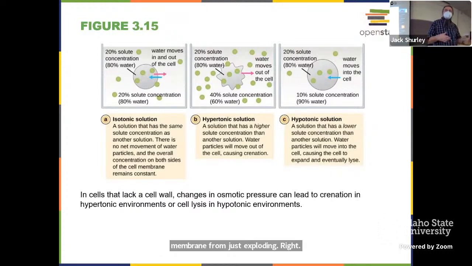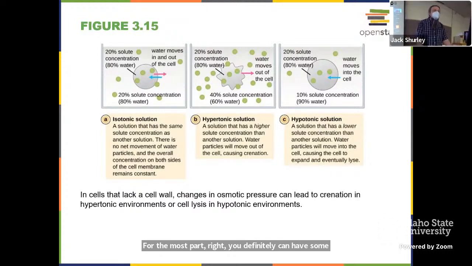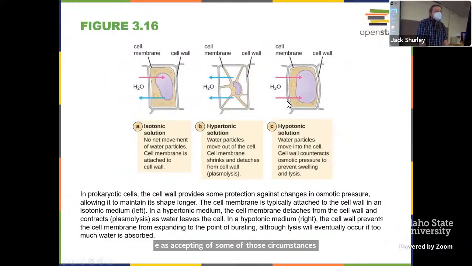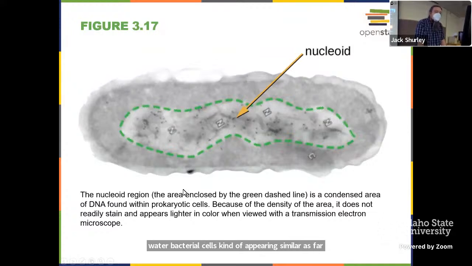You definitely can have some situations with bacteria that may not be as accepting of some of those circumstances. So this is showing, again, a plant cell, but with a cell wall, and we can kind of see what's happening. And you would expect, although there aren't vacuoles inside that are dealing with some of the water, bacterial cells kind of appearing similar as far as what's happening with this, right? And I'm not going to get bogged down with that because, again, we're not talking about plants.